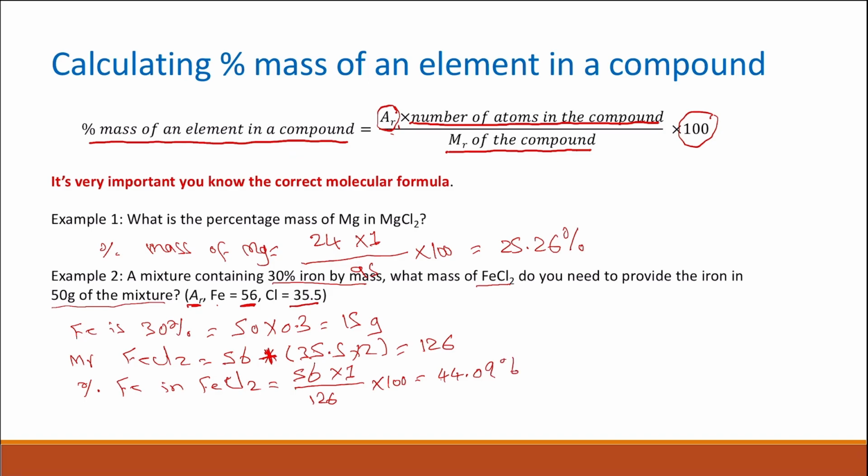So we know that the iron in the iron chloride is 44.09%. And we know that the total amount of iron in the mixture is 15 gram.